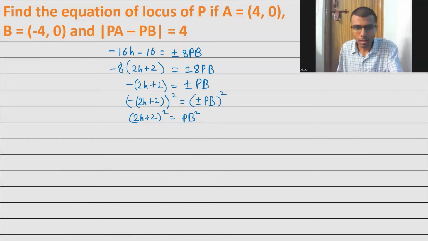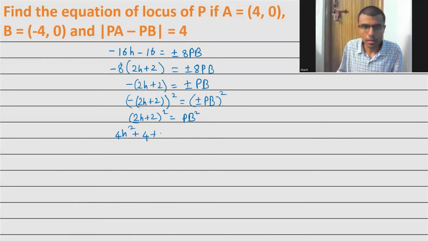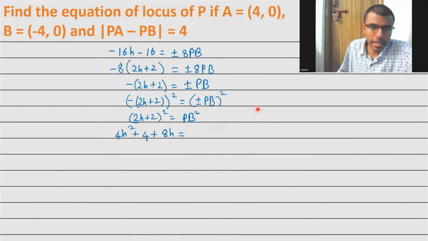Okay, now let's start expanding. Here I have 4h square plus 4 plus 2 into 2h into 2, so it should be 8h.